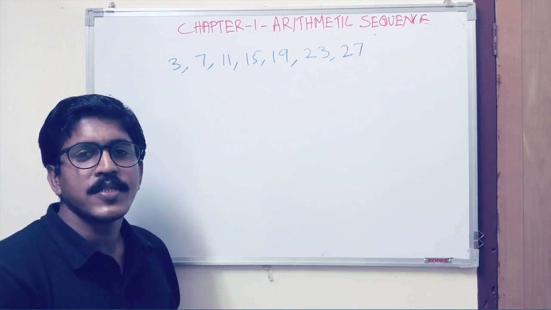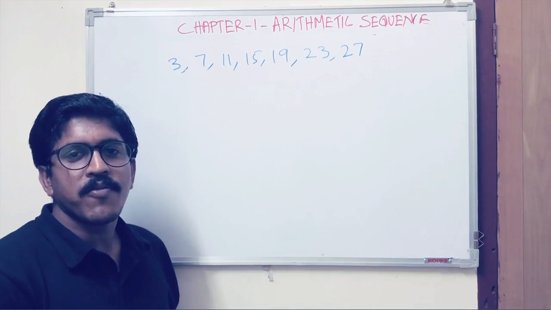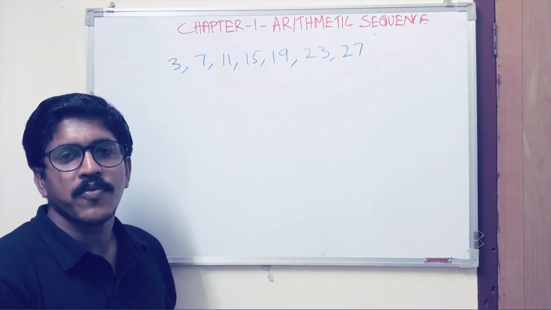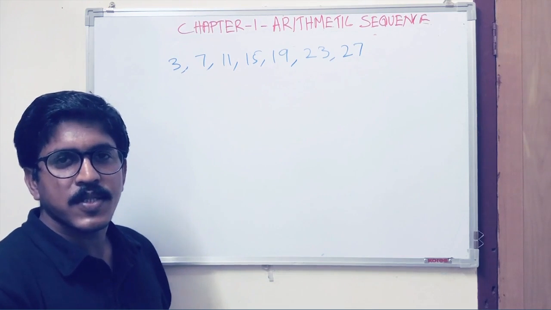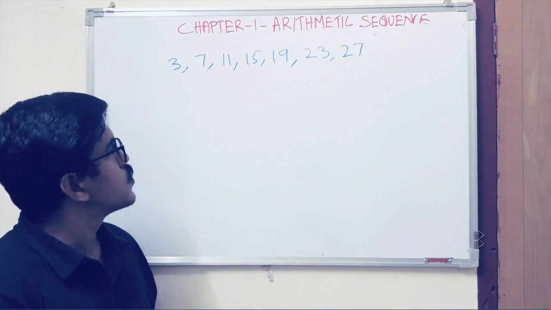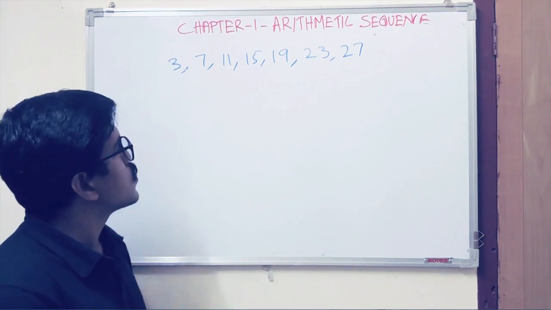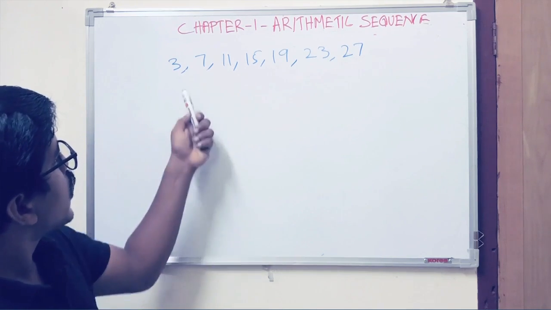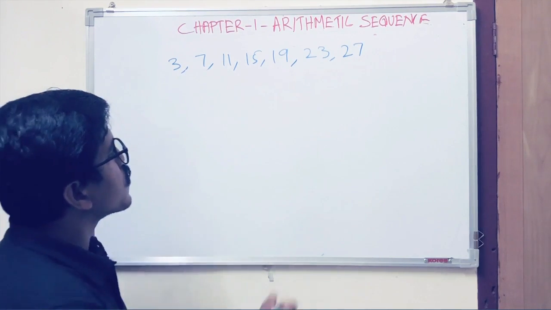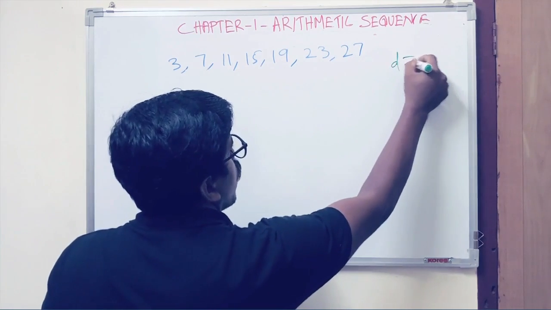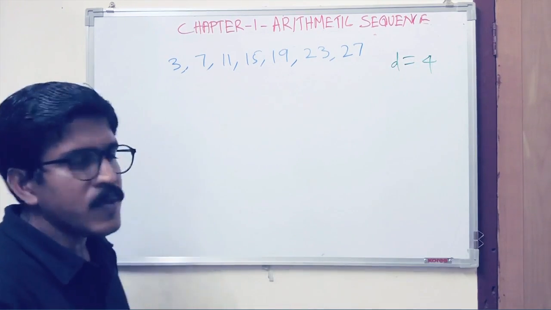We already discussed the general formula for the sum of odd numbers, even numbers, natural numbers. Now we can check this particular arithmetic sequence. Here you can see this is an arithmetic sequence because the common difference here is 4. Okay.